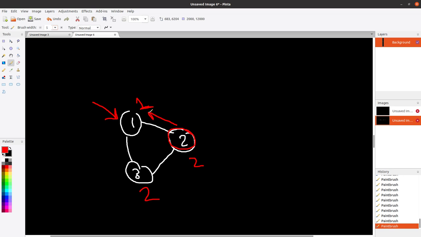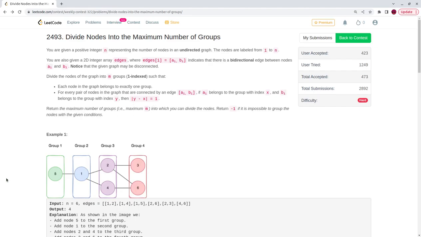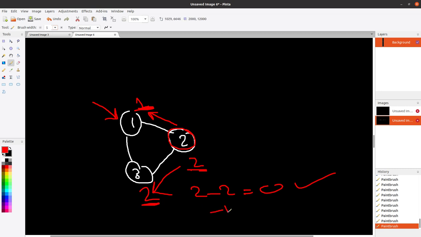So this visited neighbor has value 1, this visited neighbor has value 2, but 2 minus 2 equals 0, so the condition is not met, and in this case we need to return minus 1 as the final answer.